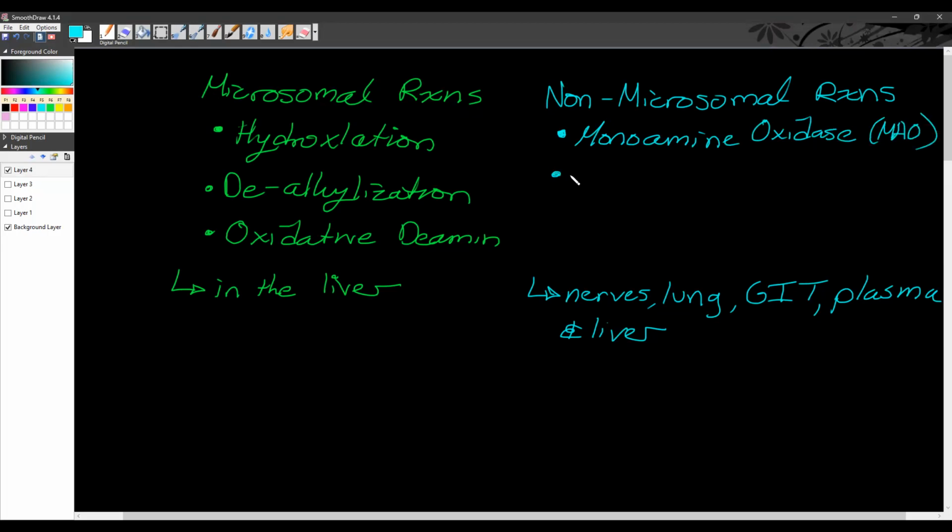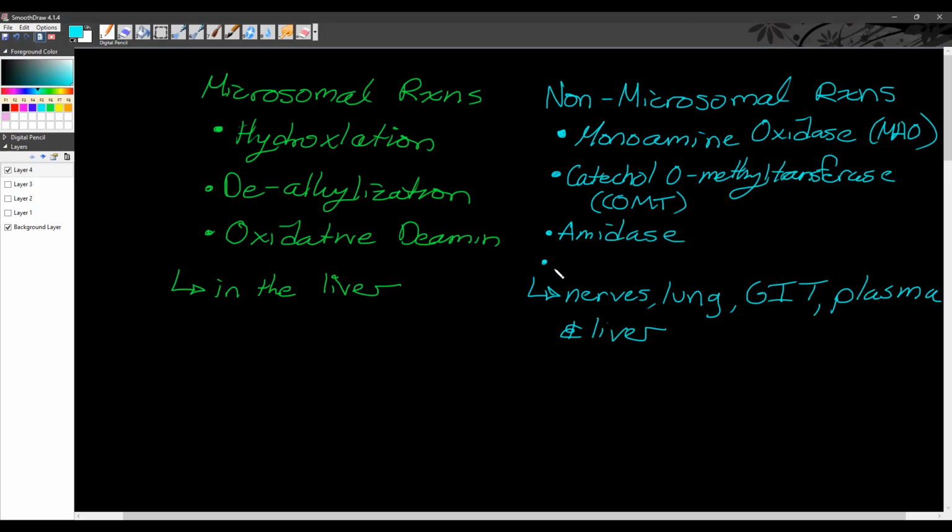You have catechol O-methyltransferase, COMT, amidase, and esterase.